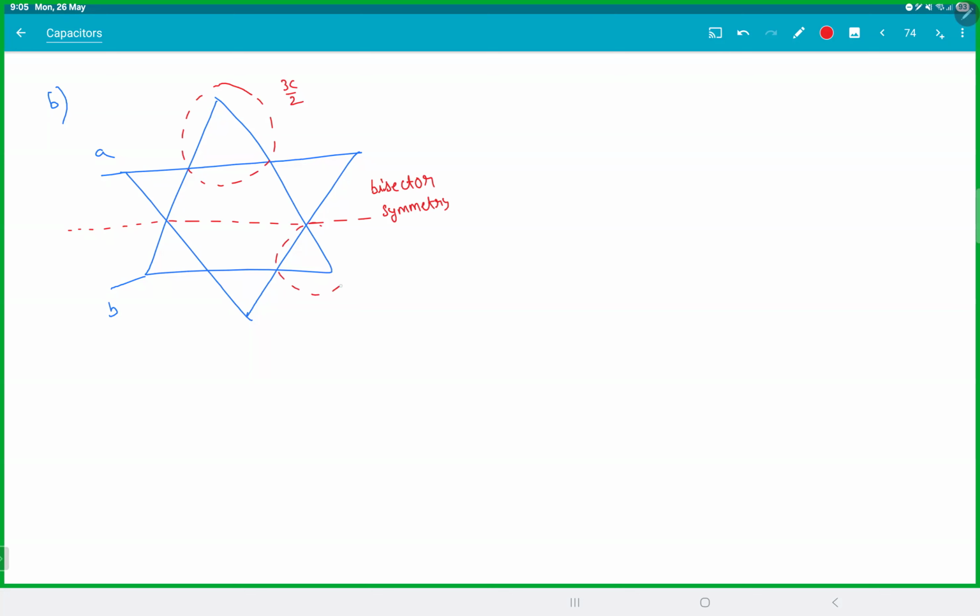This triangle here, actually, I don't need to do the symmetry also, I guess. Without symmetry also, I can do this. This is also 3C by 2. 3C by 2. 3C by 2.